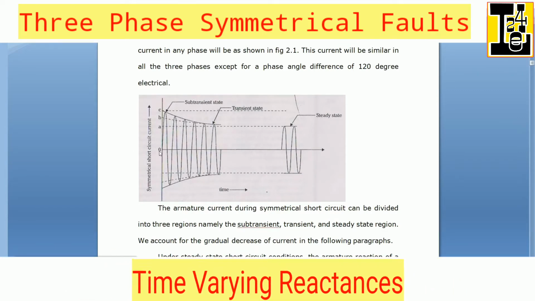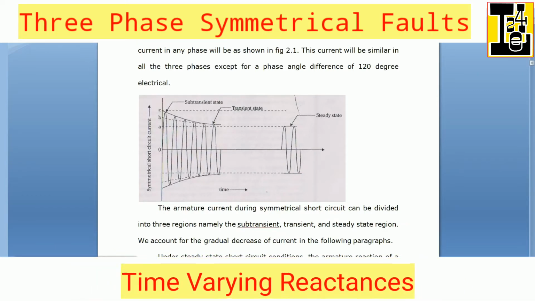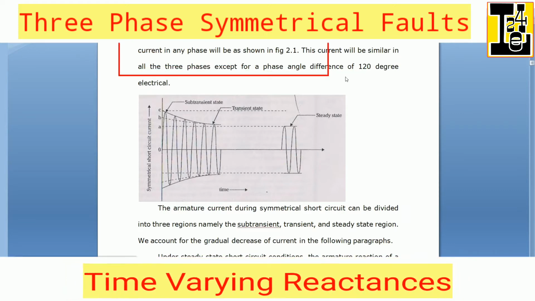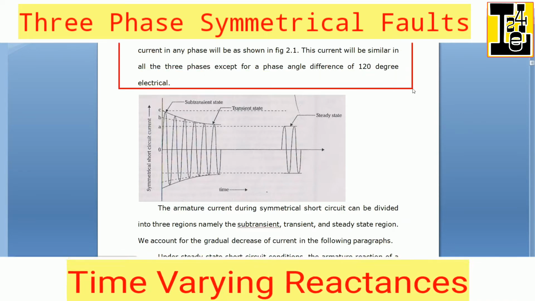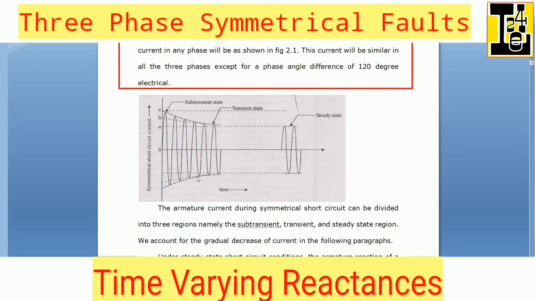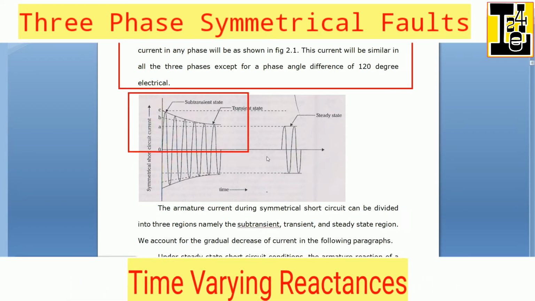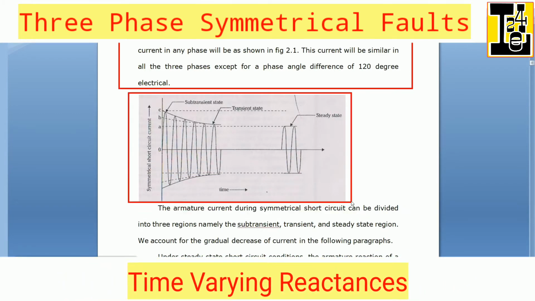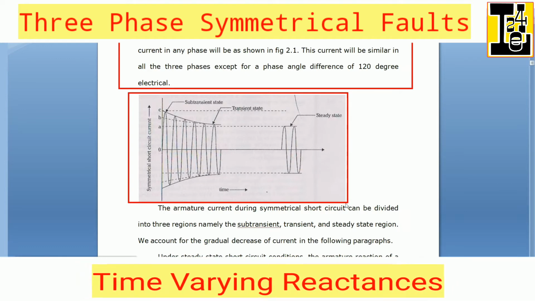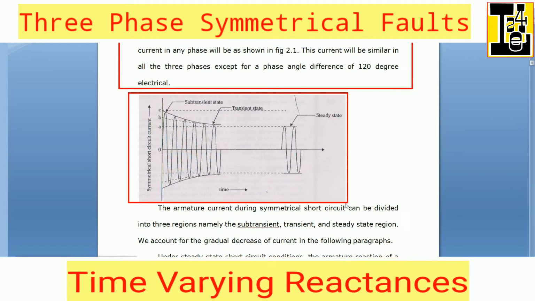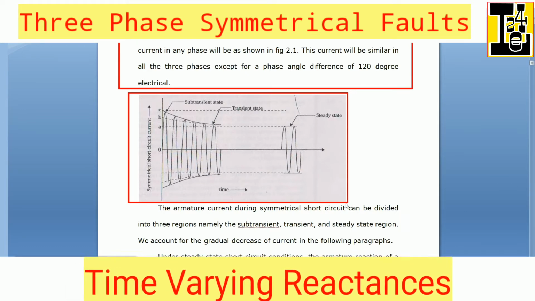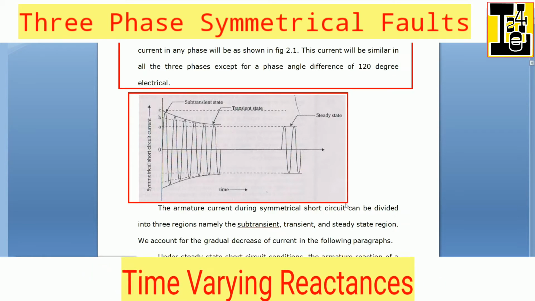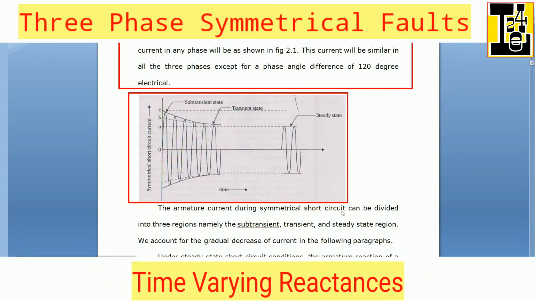In the absence of offset DC component, the symmetrical short circuit current in any phase will be shown in this figure. This current will be similar in all the three phases except for a phase angle difference of 120 degrees electrical.